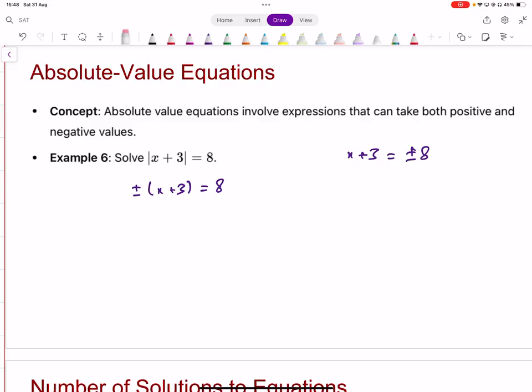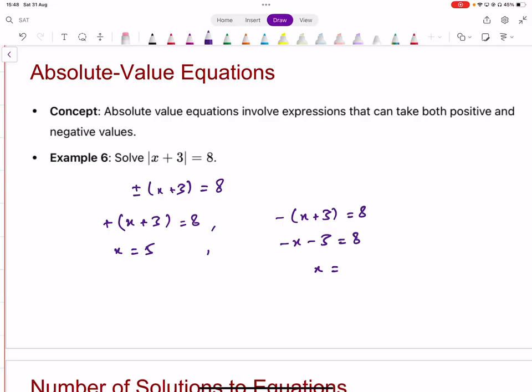And then you just solve those two equations one by one. Let's solve this one. So we remove the modulus sign, we put plus minus instead of that. What does that give us? X plus 3 with the plus sign equal to 8, or minus into x plus 3 equal to 8. The first one gives us x equals 5, and the second one gives us minus x minus 3 equal to 8, and the value of x will turn out to be minus 11 from this. These are the two solutions of this equation, x equals 5 and x equals negative 11.